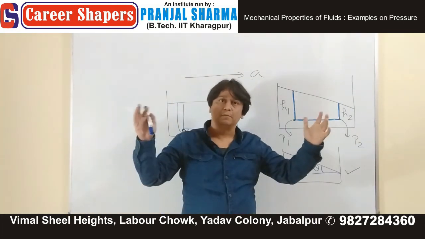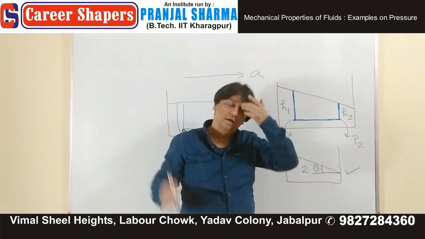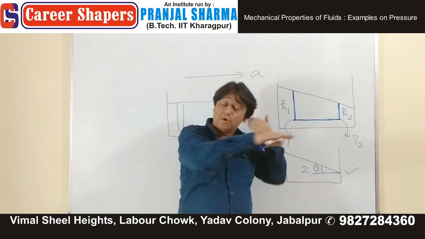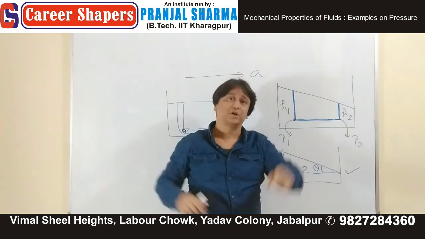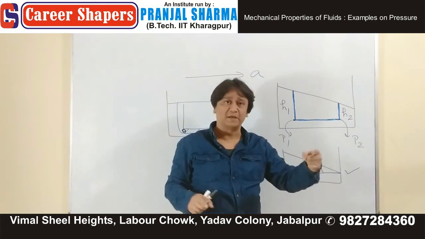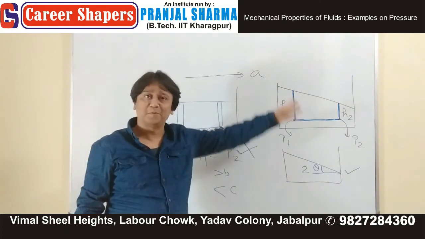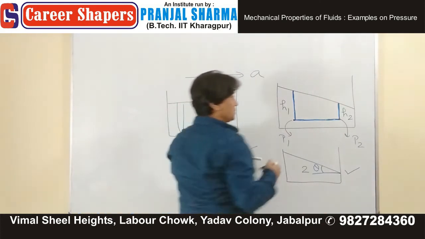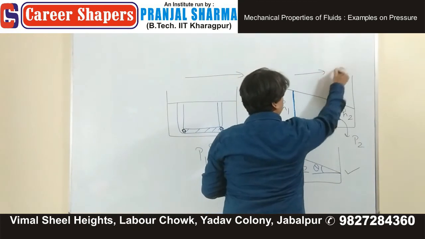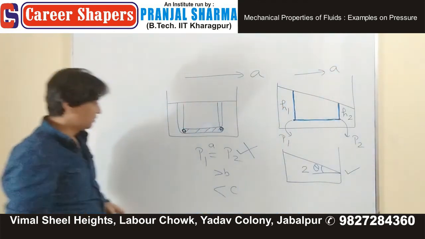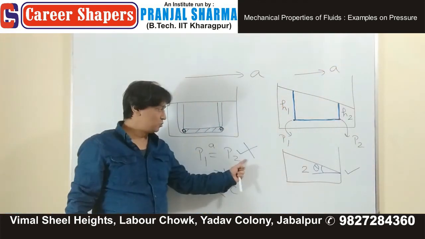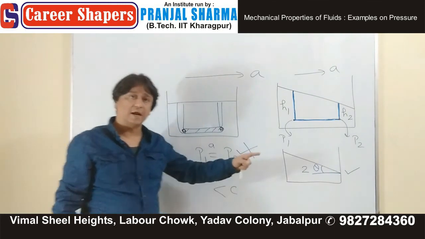And final steady state. Steady state में same horizontal level पर pressure क्या था? एक continuous body में same. ये steady state कहाँ है भाई? ये तो पूरा setup क्या है? Accelerated. This whole thing is accelerated in this direction, and therefore P1 equals to P2 is not correct.